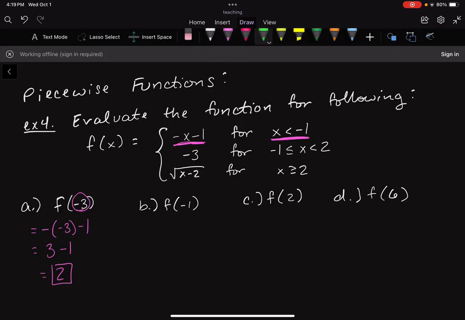For part B, I'm plugging in -1. And so now that I've done one part, you should pause and try to do the rest of them yourself. But -1 is going to fit into which category? It'd be this one. So I'm going to use this. Well, it's just -3 then, because there is no x value to plug into.